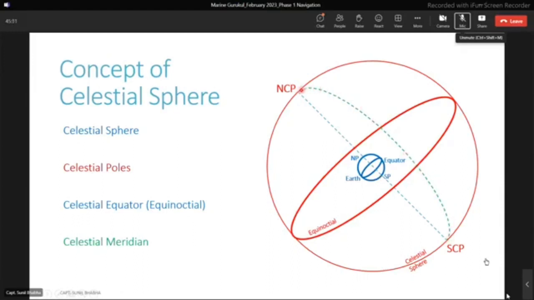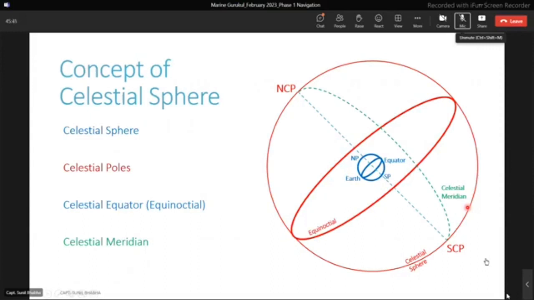So you can see a green color dotted line on the screen now, highlighted by the laser pointer. This dotted green line is a great circle which is passing from both the celestial poles, the north and south celestial poles. Now this is what we call a celestial meridian. We can have an infinite number of great circles passing from both these poles, as these are diametrically opposite points.